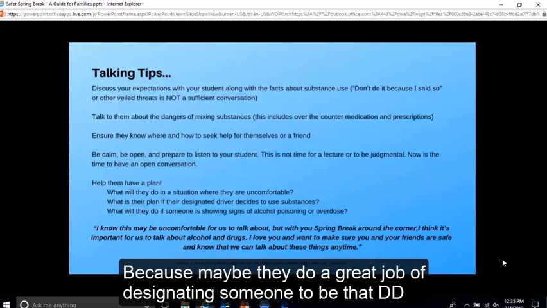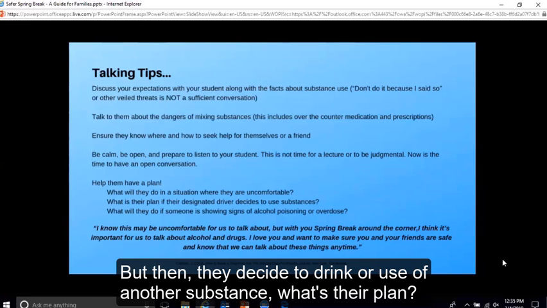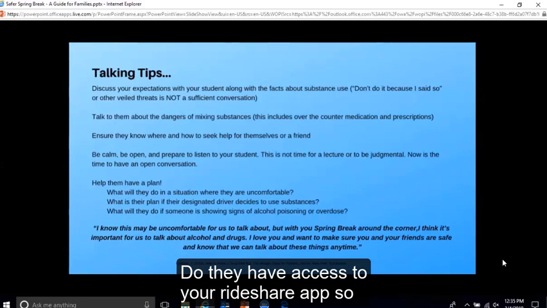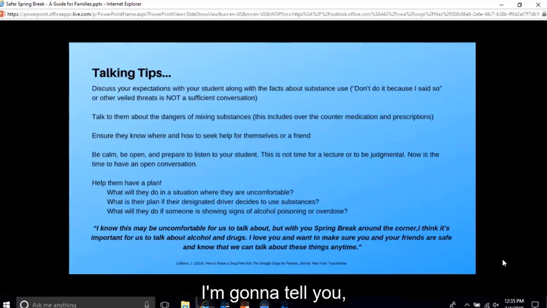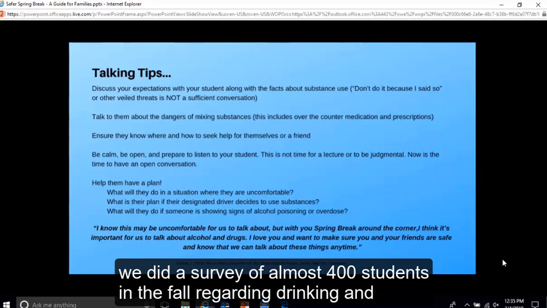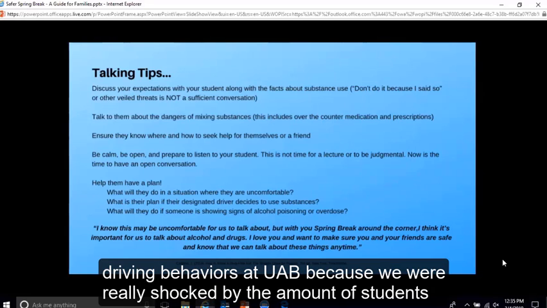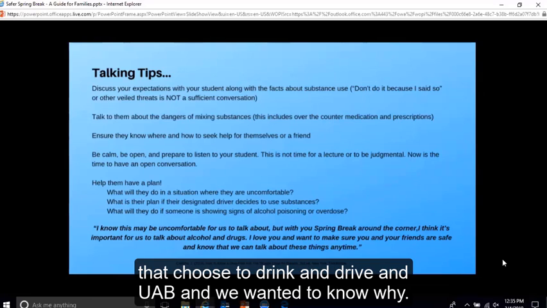Because maybe they do a great job of designating someone to be that DD for the night, but then they decide to drink or use another substance. What's their plan? Do they have access to your rideshare app so that they can't use the excuse that it was too expensive? I'm going to tell you, we did a survey of almost 400 students in the fall regarding drinking and driving behaviors at UAB, because we were really shocked by the amount of students that choose to drink and drive at UAB, and we wanted to know why.